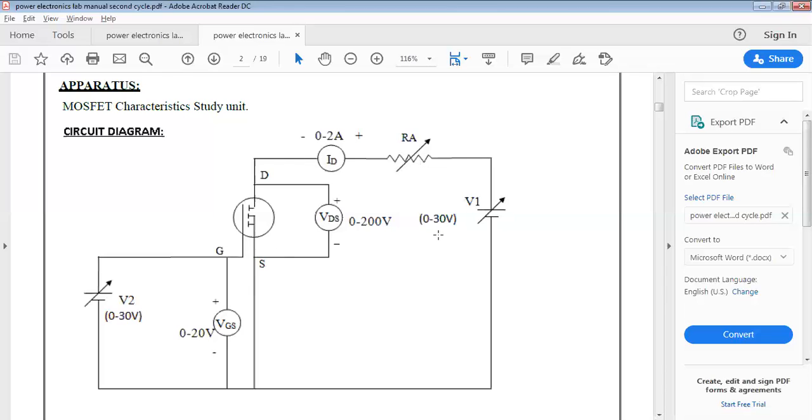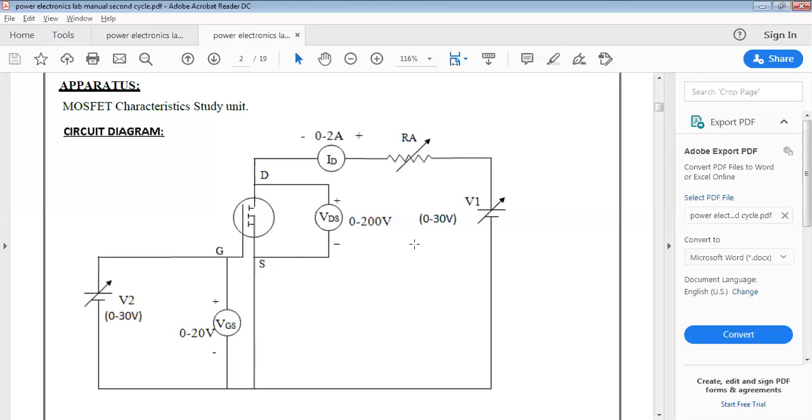A 0 to 200 volts meter is used for measuring the voltage across the MOSFET. Similarly, we are measuring the voltage across gate to source through a voltmeter having a rating of 0 to 20 volts. The voltage rating of the gate to source meter is less when compared to the meter connected across the drain and source.